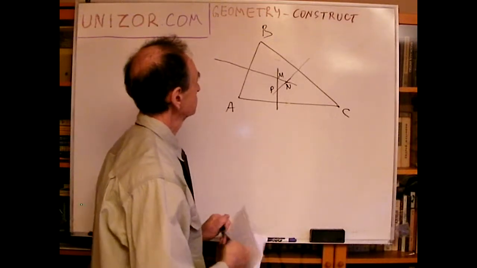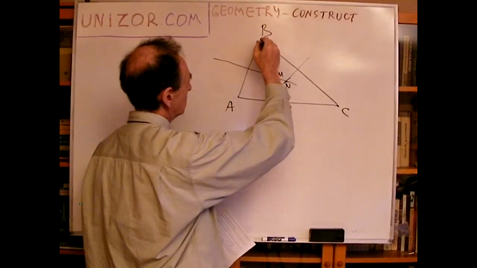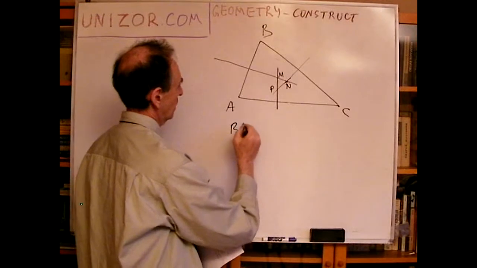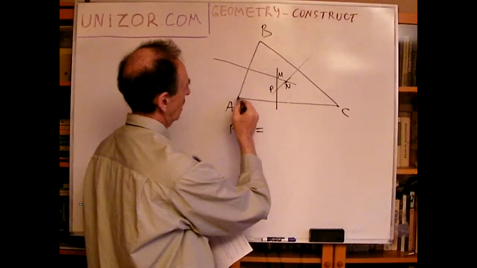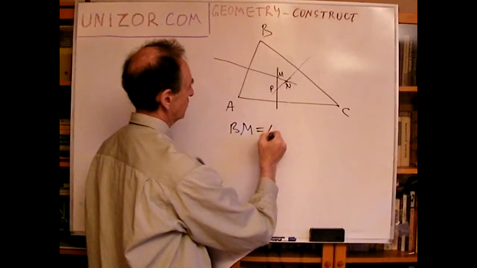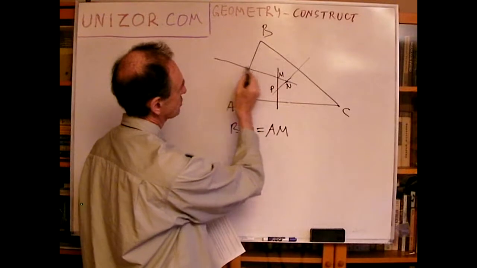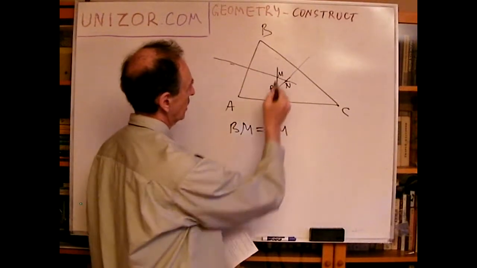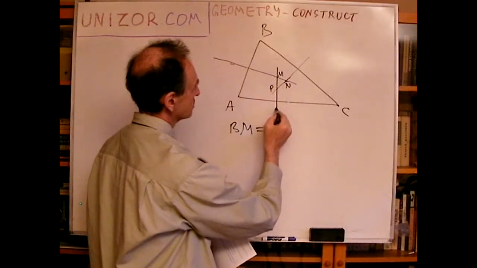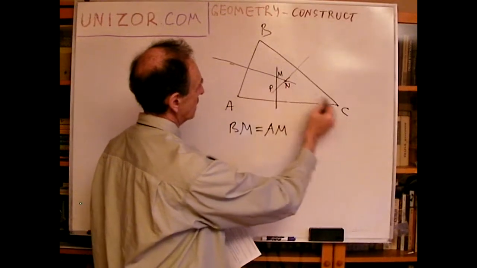Look at this. The distance from M to B is equal to the distance from A to M, because point M belongs to a perpendicular bisector. At the same time, since point M belongs to this perpendicular bisector, the distances from A and C are the same.